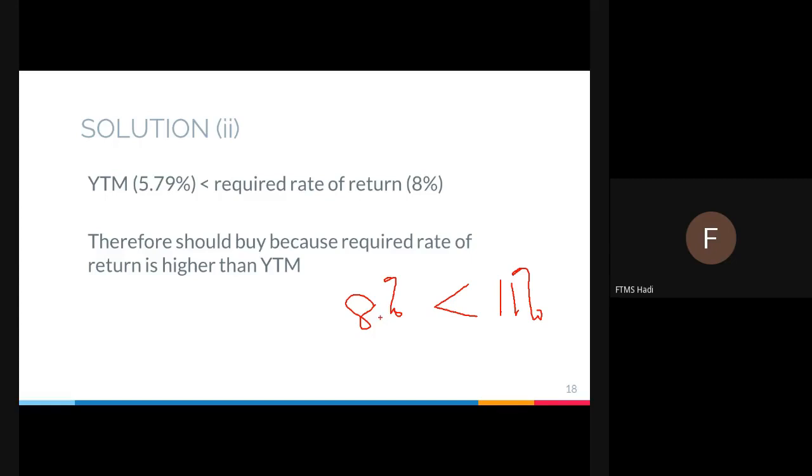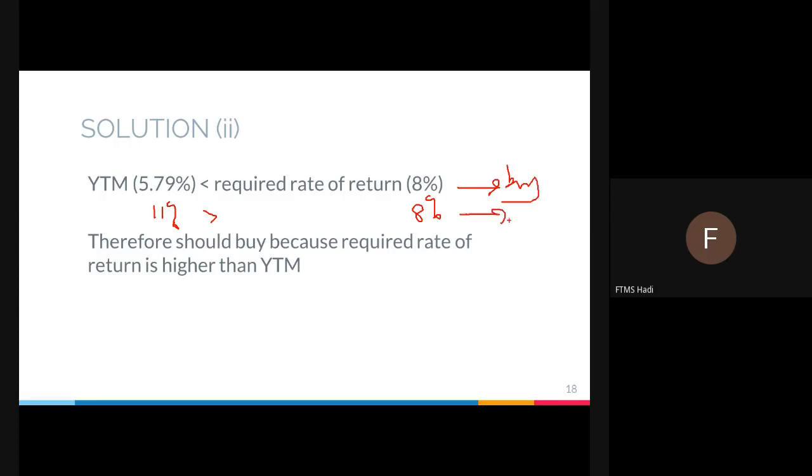So you get lesser than that, which means you should not buy, because the required rate of return is lower than your YTM. Let me give you another one. Let's say 8% and then 11%, which is more. So this one you should buy, and this one you do not buy.